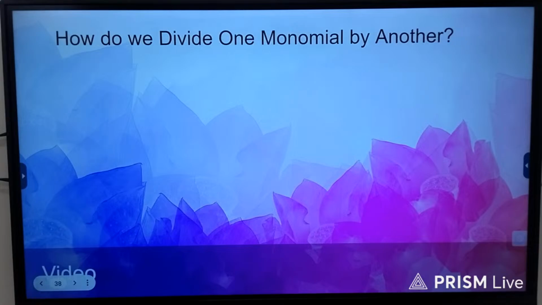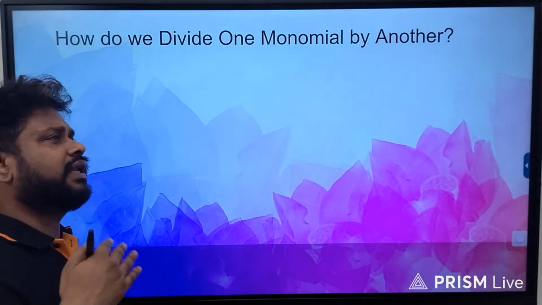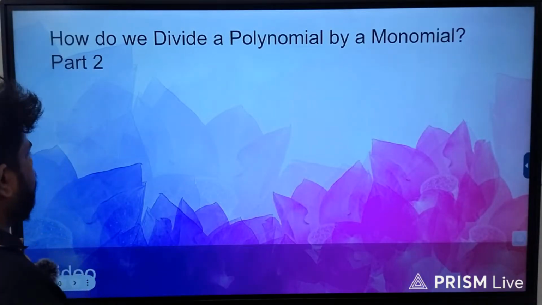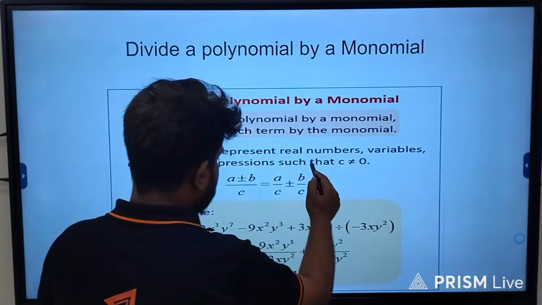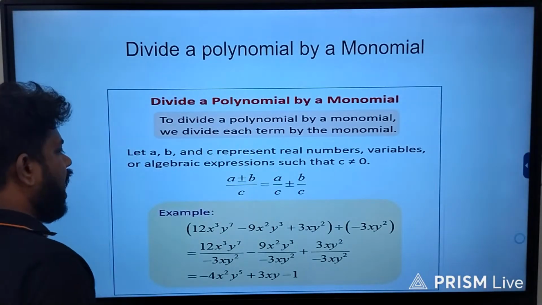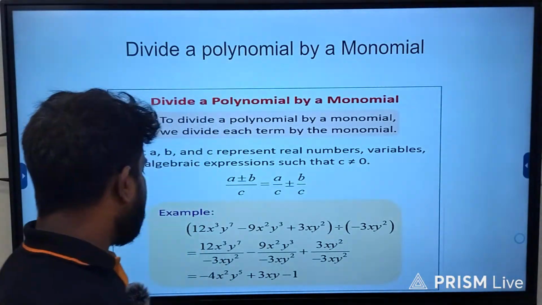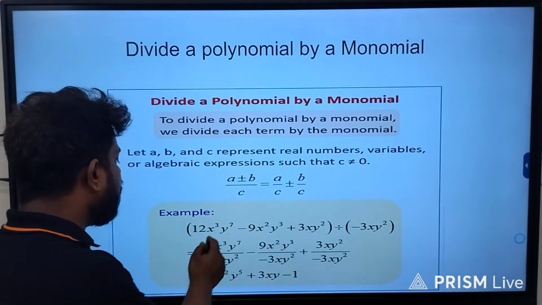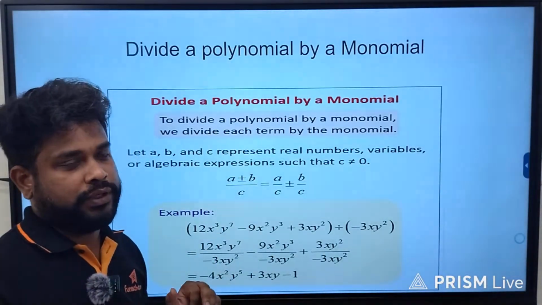Now the division. Maybe you guys have learned about division in the lower classes as well, like class 6 and 7. So I am not playing the video here to save time. To divide a polynomial by a monomial, here they have given examples. It means we have to divide each term of the polynomial by the given monomial.